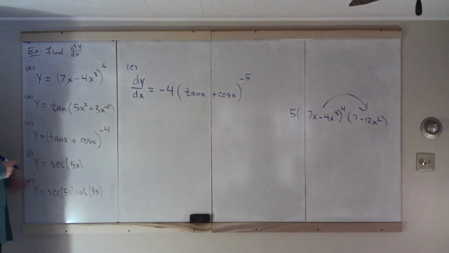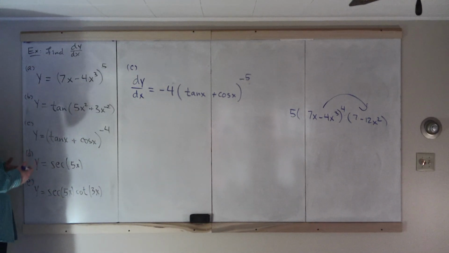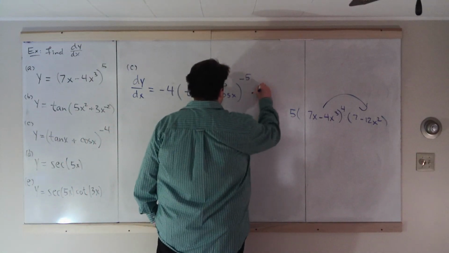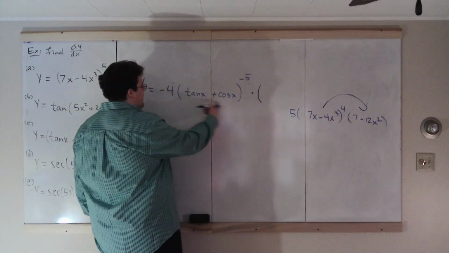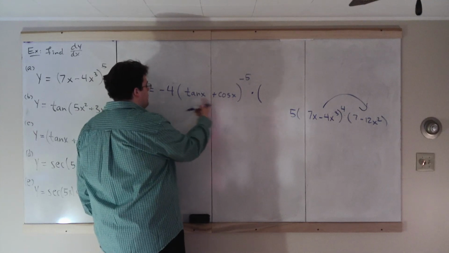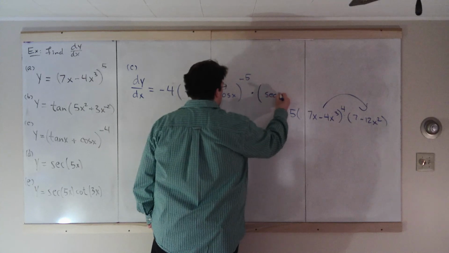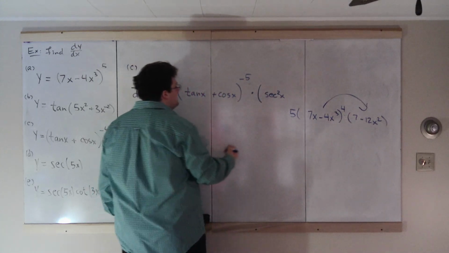We have a function to the negative fourth. The derivative would be negative 4 of them to the negative fifth. But then you use the chain rule, so times the derivative of the inside. The derivative of the inside, we do them one at a time. The derivative of tangent is secant squared. The derivative of cosine is negative sine.